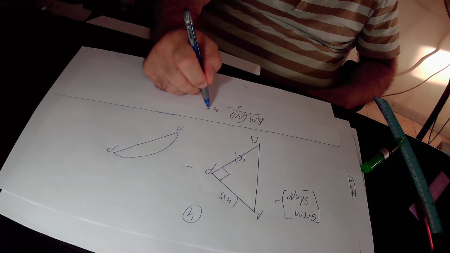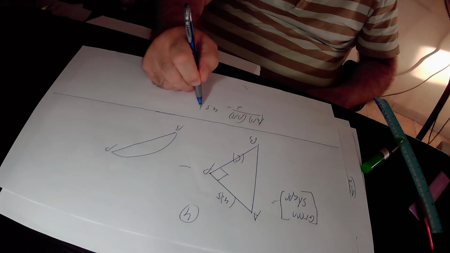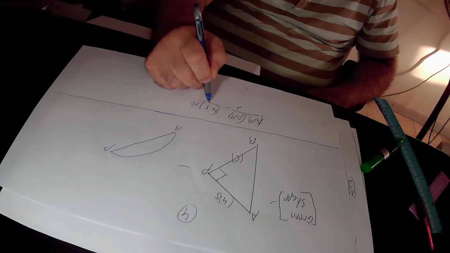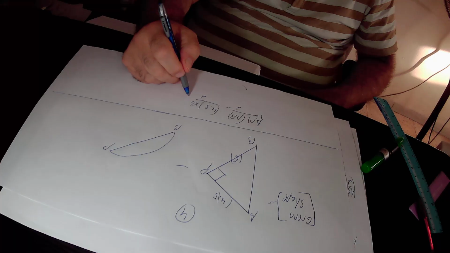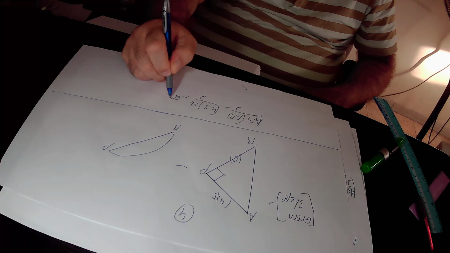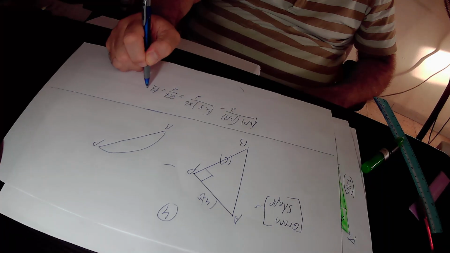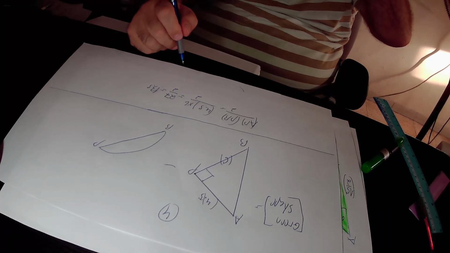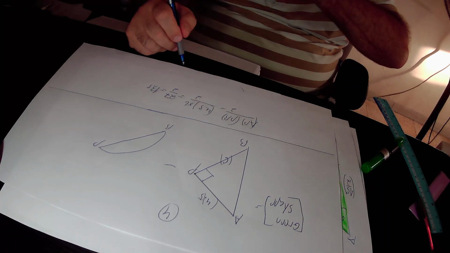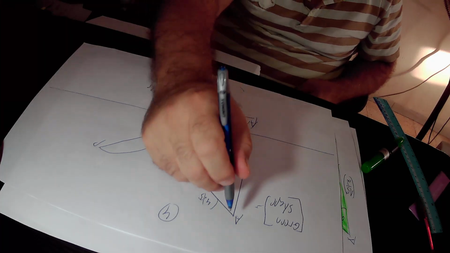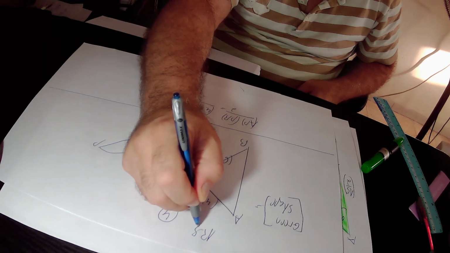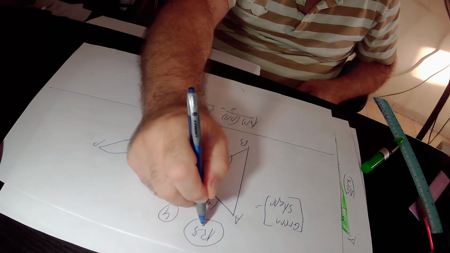AP is 4.5 times PB is 6 divided by 2. 4.5 times 6 is 27 over 2, and 27 over 2 is 13.5 square units. So the area of this right triangle APB is equal to 13.5 square units in its size.